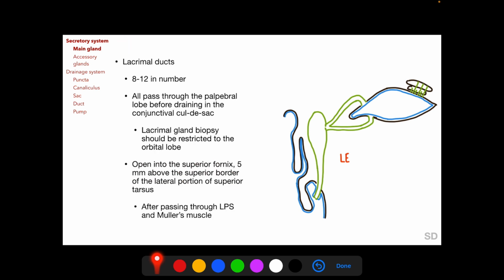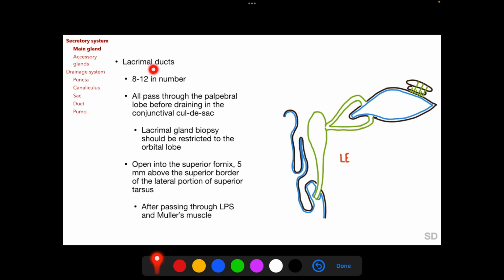The lacrimal ducts originate from the lacrimal gland and open in the conjunctival sac, and they are 8 to 12 in number, and all the lacrimal ducts pass through the palpebral lobe before draining in the conjunctival cul-de-sac. To minimize damage to these lacrimal ducts, lacrimal gland biopsy should be restricted to the orbital lobe, because if the biopsy is taken from the palpebral lobe, ducts from both the palpebral lobe as well as the orbital lobe can be damaged.